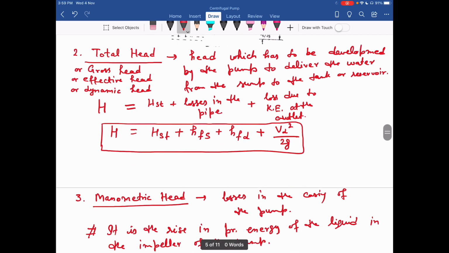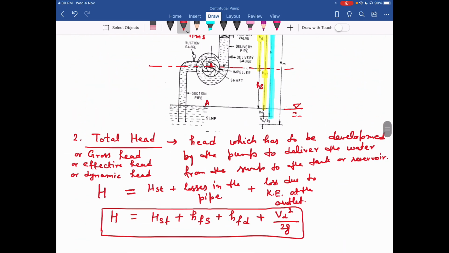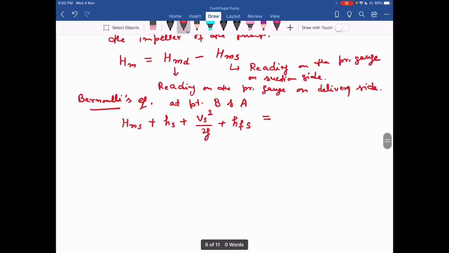So I write my pressure head as HMS plus HS, the suction head, that is my bottom head, plus Vs square divided by 2g, plus the losses in the suction pipe, is equal to the pressure head at point A. At point A, the pressure is atmospheric, so the pressure head corresponding to atmospheric pressure is PA divided by rho g. This is my bottom, so the bottom head is 0.